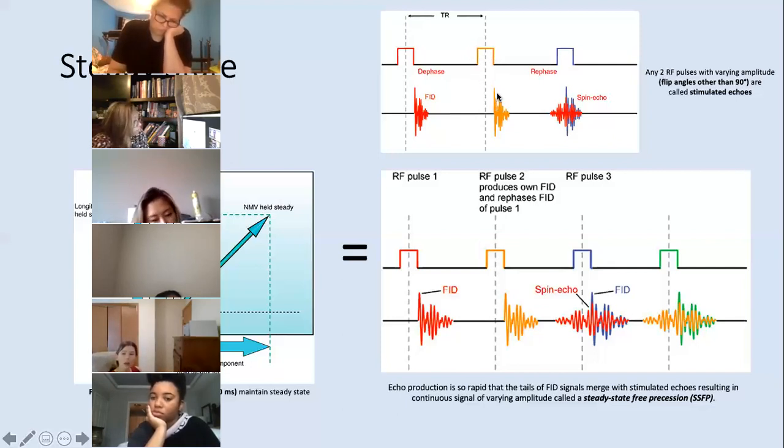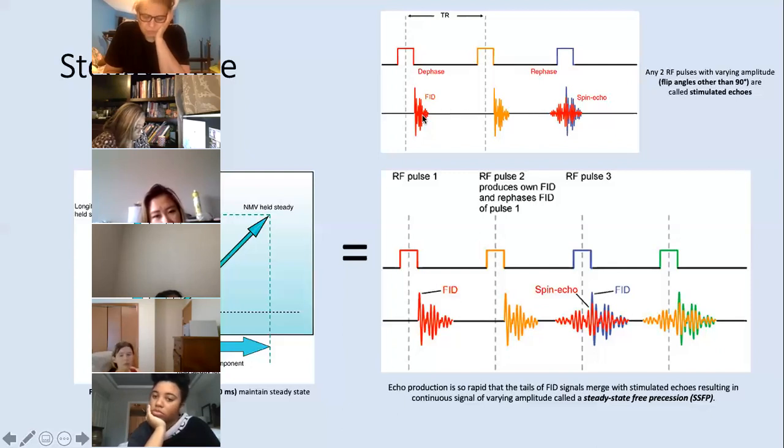Once again, we get a free induction decay that's associated with that excitation pulse. But since we had two RF pulses, what happens is this FID gets refocused by this excitation pulse. It's not a refocusing pulse, it's not 180, but anytime you have another RF pulse, it's going to regrow the signal.